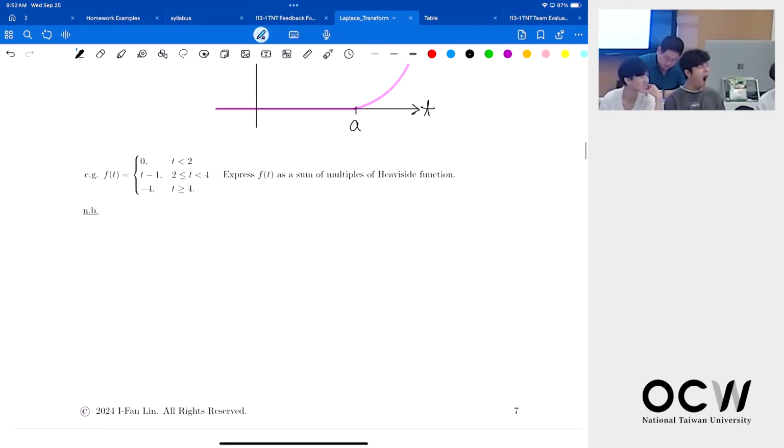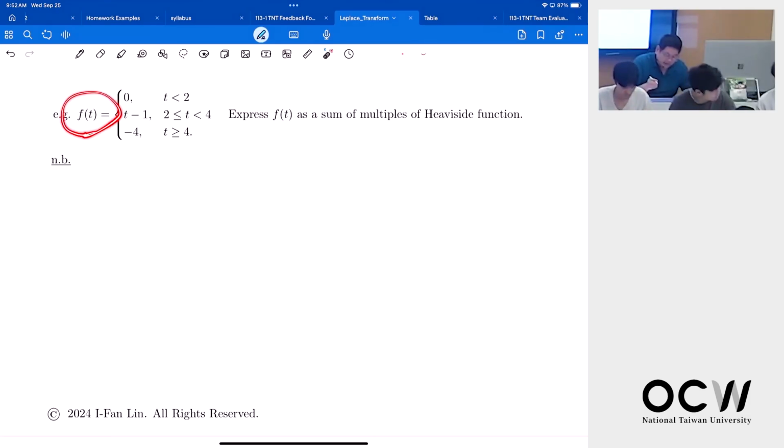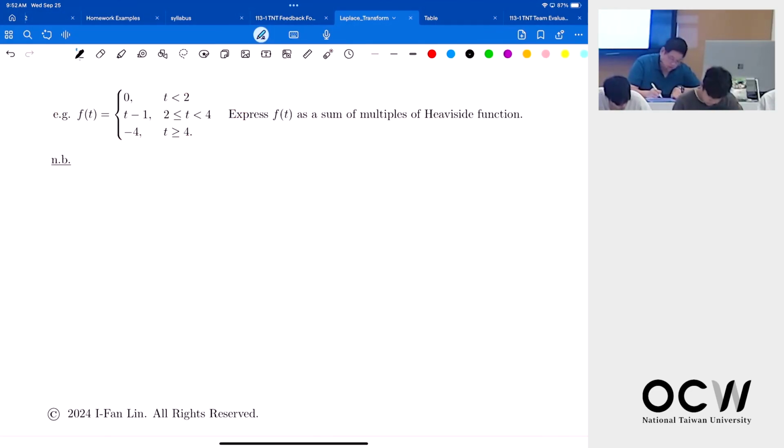All right. Next, I want to express the function f of t in terms of the Heaviside function. First, we can draw this figure.